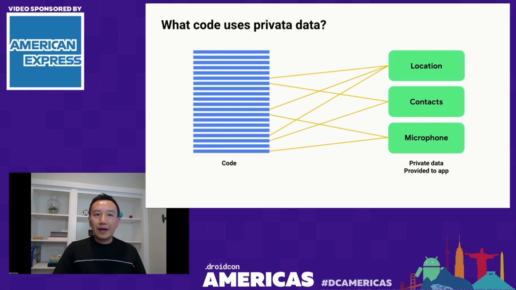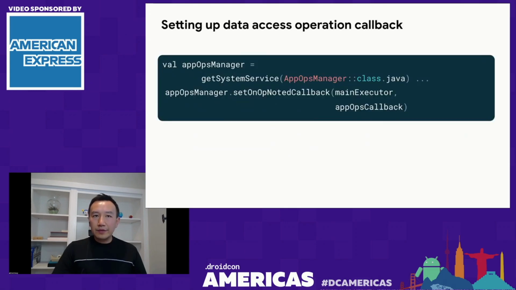Let's have a look at how the API works. This code snippet shows how to set up a callback for data access through the AppOps Manager class. If you want to consistently track it for the entire app, you can use it within application onCreate. But if you want to localize it to a particular portion of your app, you can add this to your activity onCreate method.